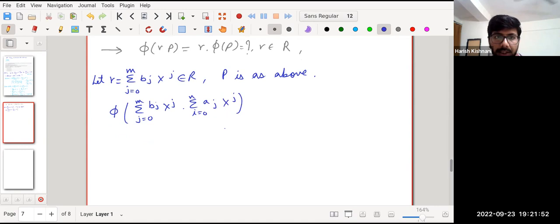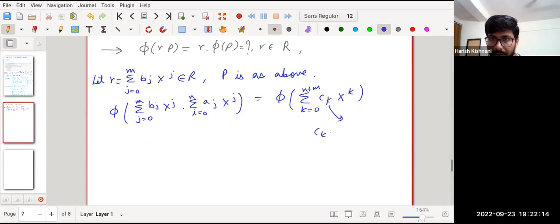That we have already seen: it is summation of k equal to 0 to n plus m of ck xk. The multiplication in polynomials is defined like that, where this ck is summation of l equal to 0 to k of al b(k minus l).